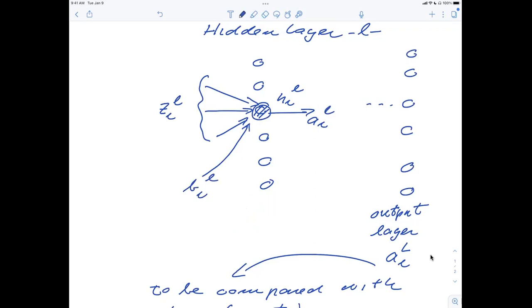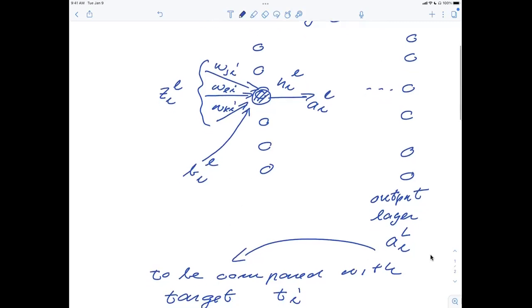So every node from the previous hidden layer is connected with every single node in the new hidden layer by the so-called weights. So here we would have a weight w_ji coming from a node from a previous layer. There would be a w_li, a w_ki, etc.